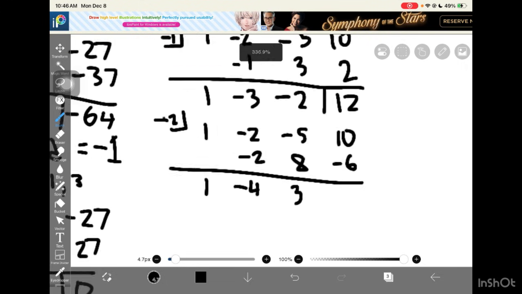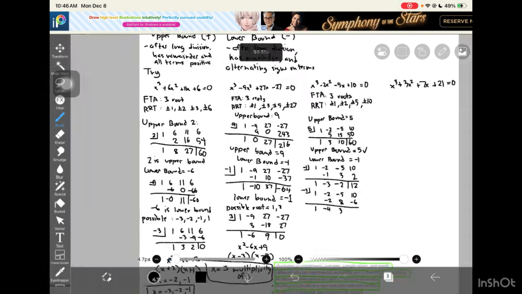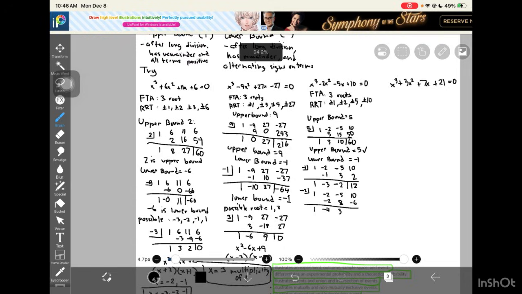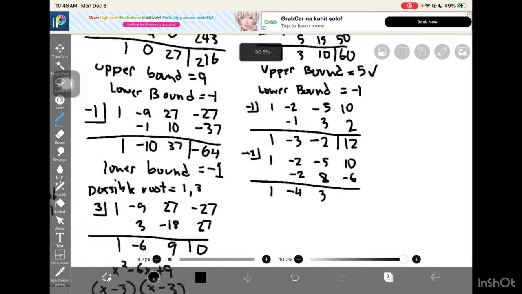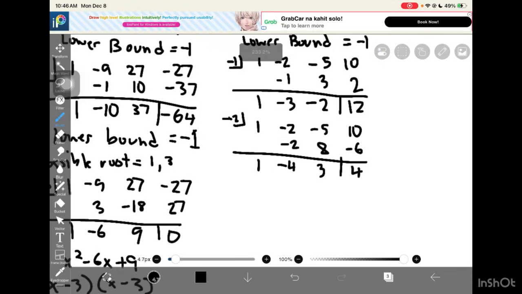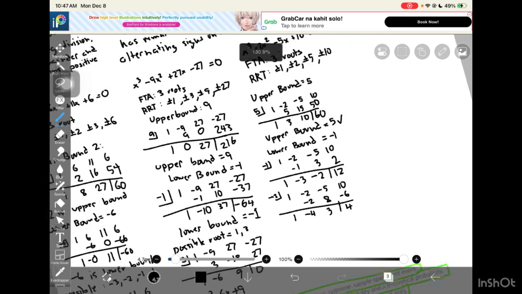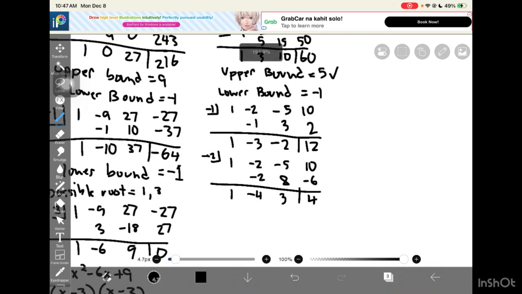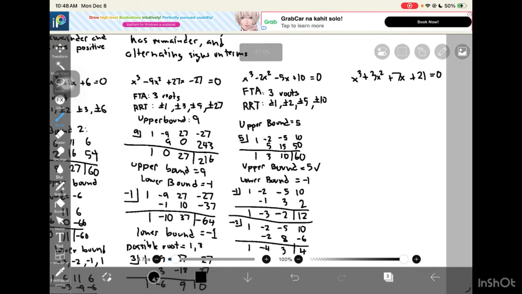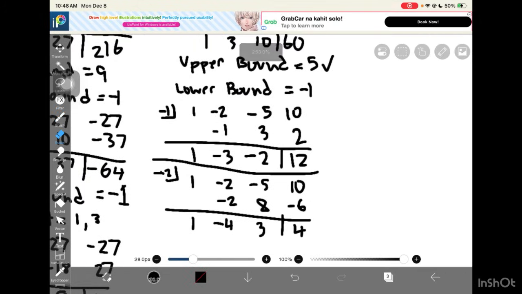Which is 4. So we still don't have alternating signs. Okay, hold on, wait. So it's still not alternating. So it means that, let's erase this.